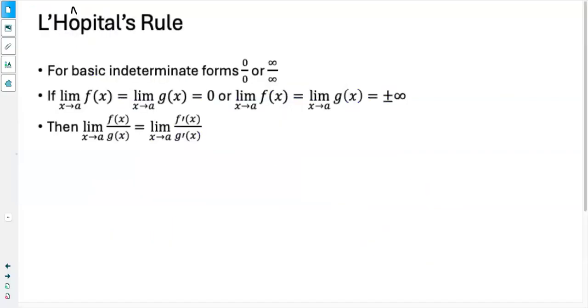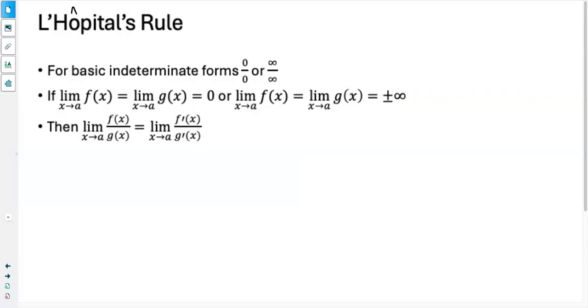Okay, on to L'Hopital's rule. Now, this is used for our basic indeterminate forms of 0 over 0 or infinity over infinity when we're looking for limits.